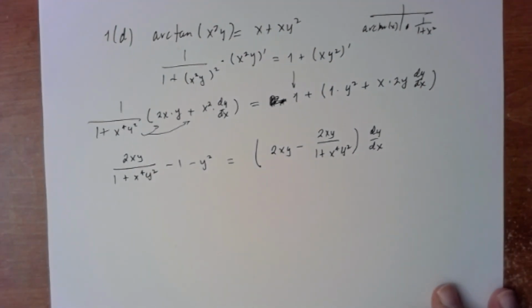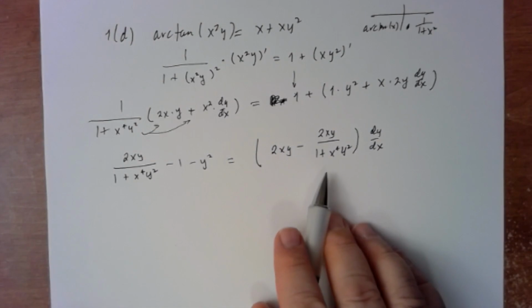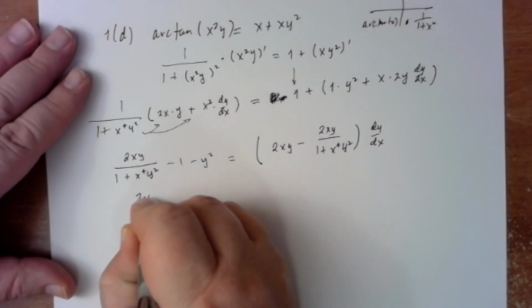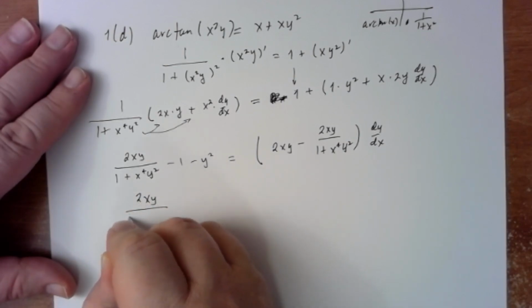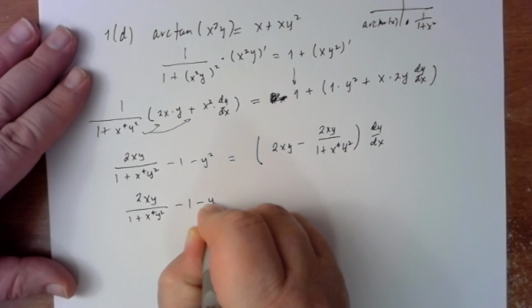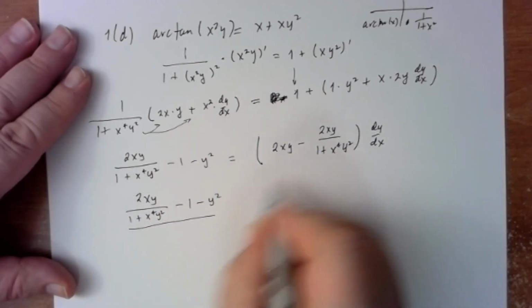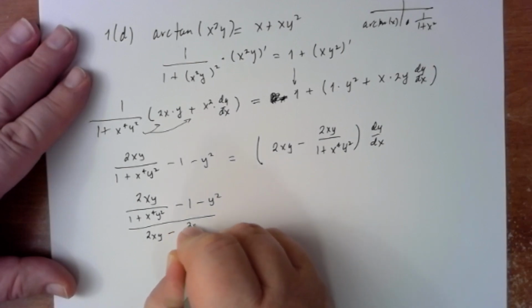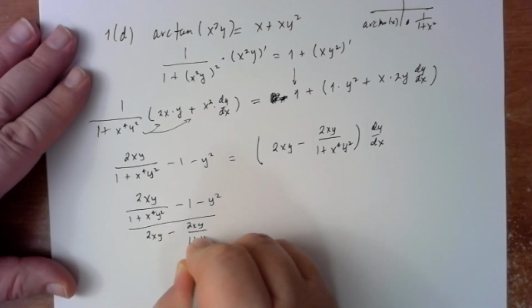Good. And now I just divide by this quantity, and so we would get 2xy over 1 plus x to the fourth y squared minus 1 minus y squared, all divided by 2xy minus 2xy over 1 plus x to the fourth y squared.